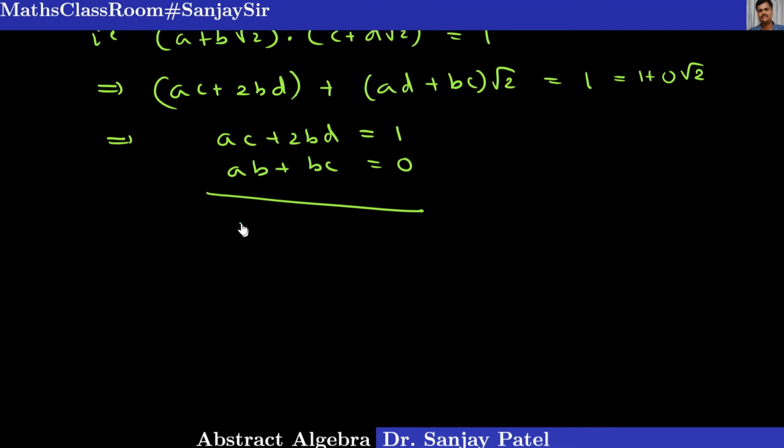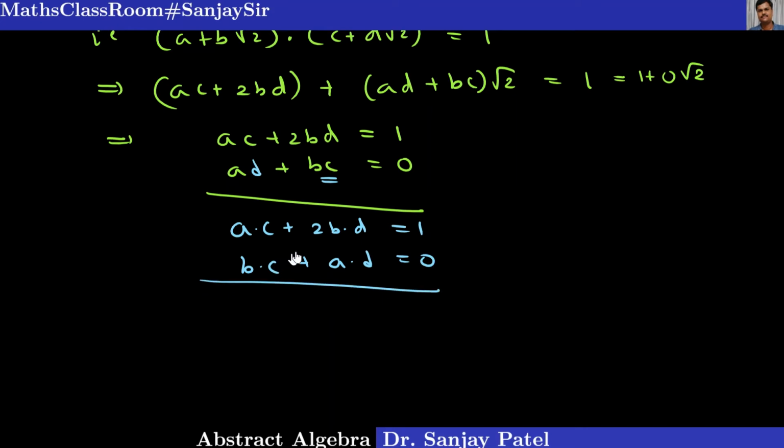This I can write as a into c plus 2b into d is equal to 1. And then b into c plus a into d is equal to 0. There was a mistake: it is not AB, it is A into D.